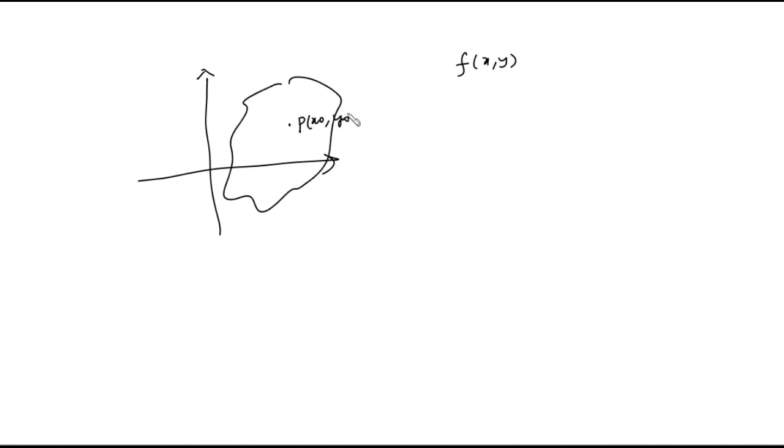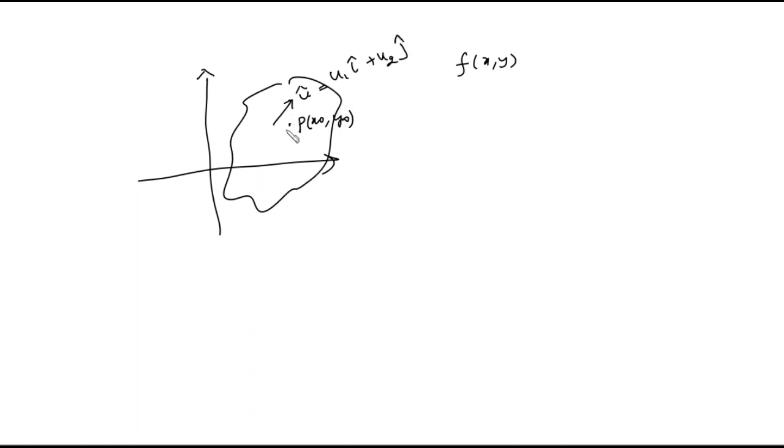So let's suppose this is the xy plane. We are having a function of two variables. This is any function. This is any point P having the coordinates x0, y0. We want to find out the derivative of the function at this point P in a direction of u cap, where u cap is the unit vector having the equation u1 i plus u2 j.